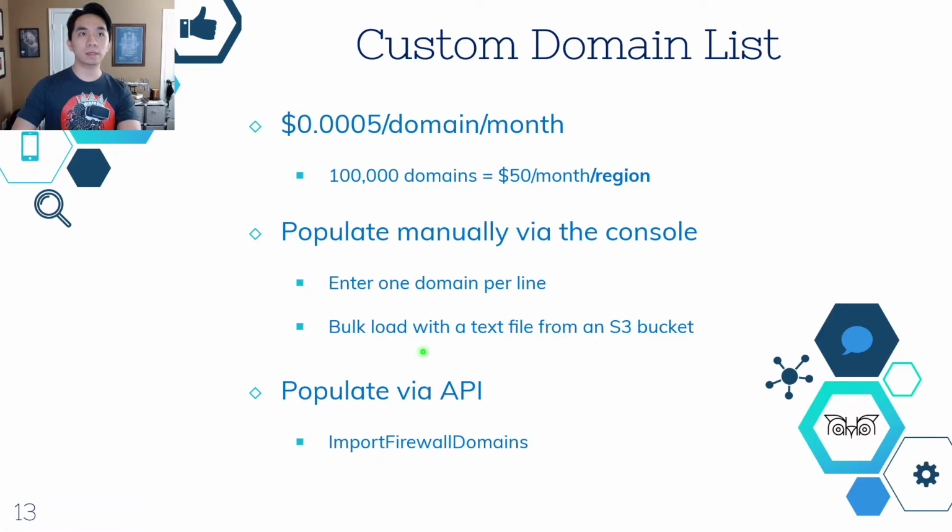Now keep in mind that the default limit for the text file is 100,000 domains as of this moment. I think initially they launched it with 30,000, and we were one of the first people to use this service, and we immediately requested to have it raised to 100,000, and now it's a default value. And you can also request a quota increase.